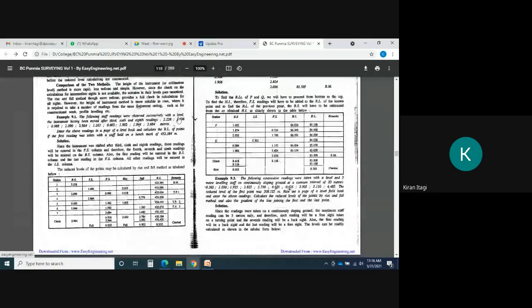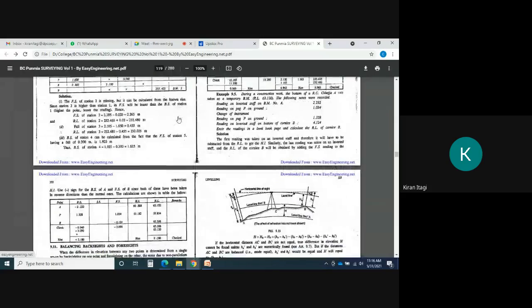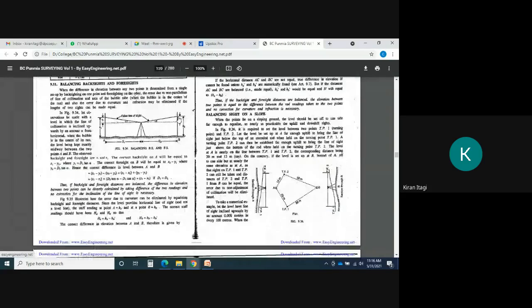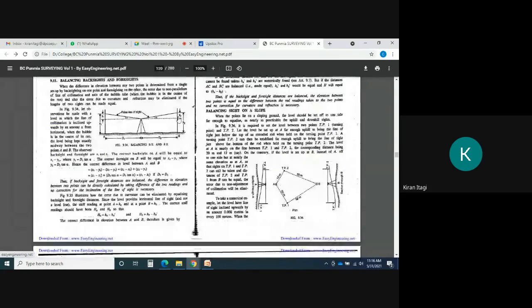Next, reciprocal leveling. Here we have reciprocal leveling.